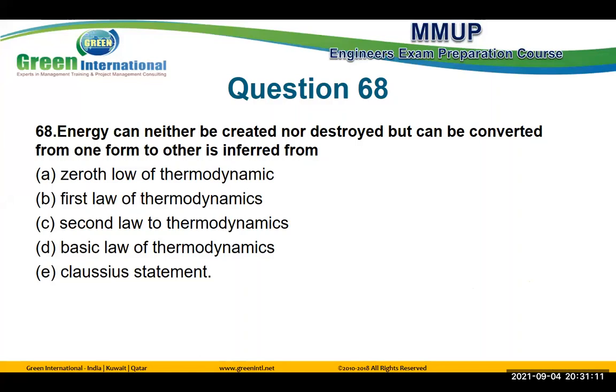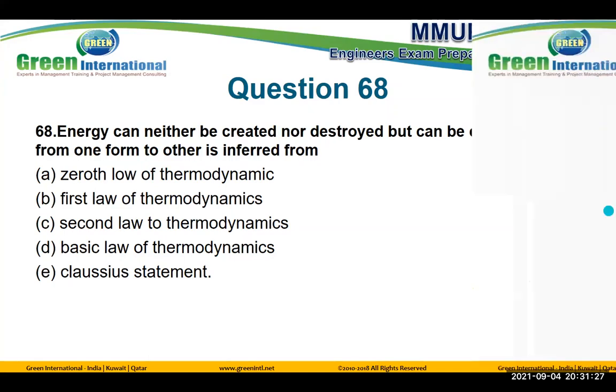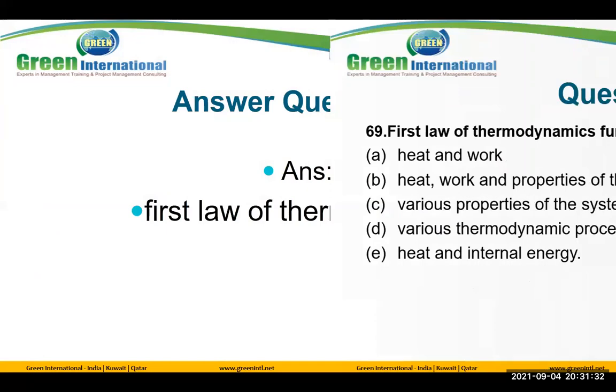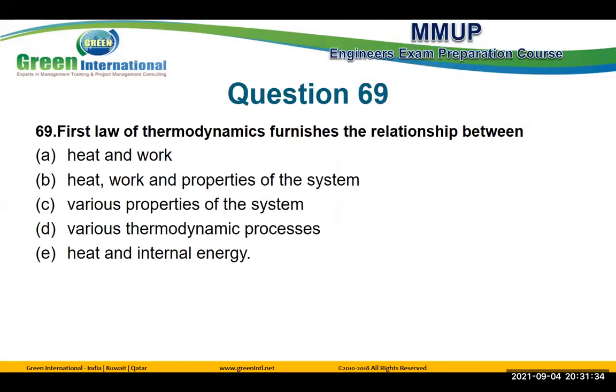This is the definition of what? First law of thermodynamics: energy can neither be created nor destroyed, but can be converted from one form to another. Exactly, the first law of thermodynamics is the relation between heat and work, and properties of systems.